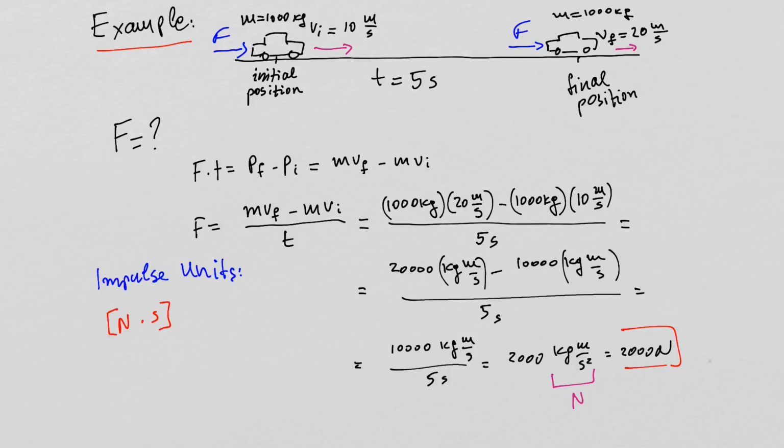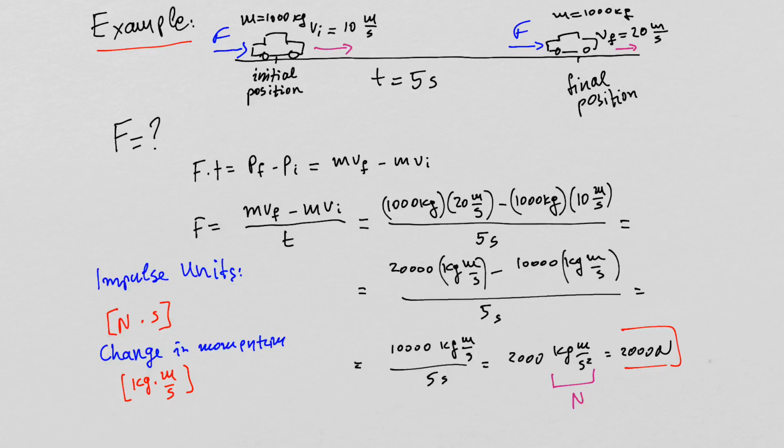And so for change in momentum, the units are kilograms meters per second. So since impulse is equal to change in momentum, that means that those units are equal to each other.